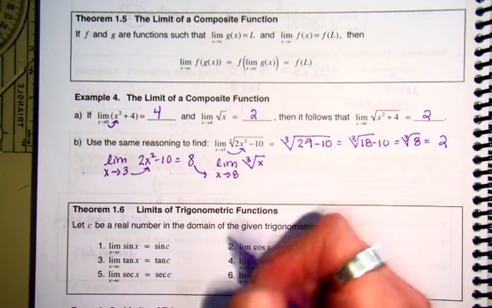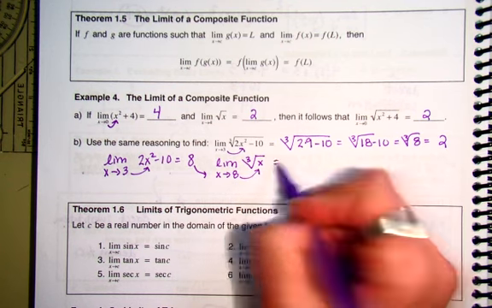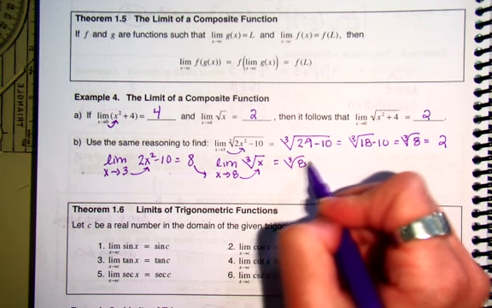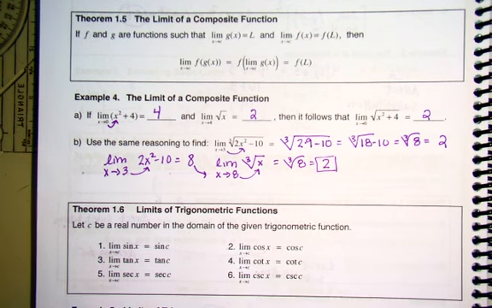So I can plug that in now, and I get the cube root of 8, which is just equal to 2. Basically, you're taking the answer to the first one and using it as your input, or your c value, to get your next one. Same answer either way. Just showing you how it looks with composition.